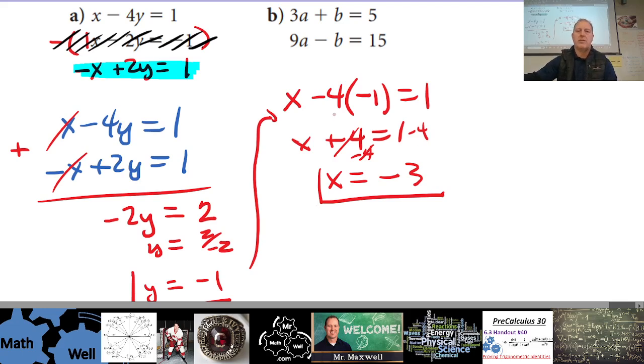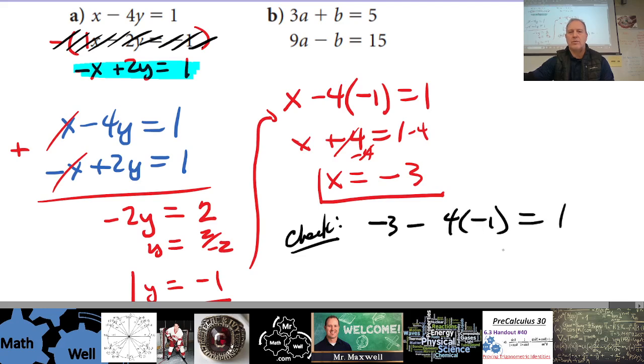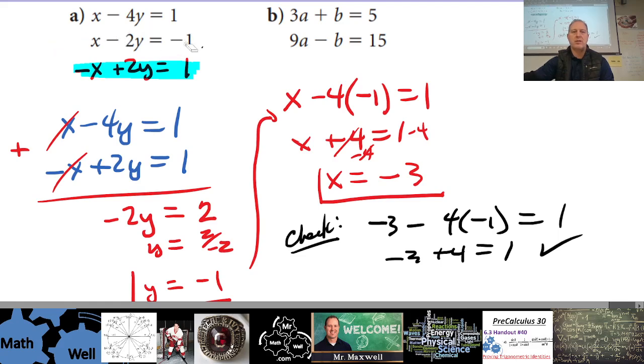How does that look? Does that look okay? All right, so let's check. I'm going to plug negative 3 and negative 1 into both equations to make sure that they both work. So negative 3 minus 4 times negative 1 equals 1. That's negative 3 plus 4 equals 1. That looks good. And the second equation, I'll use the original one again just to make sure I haven't made any mistakes.